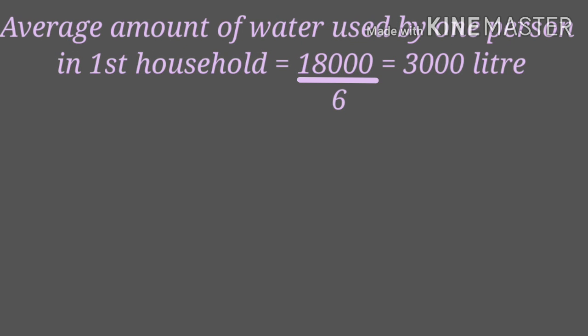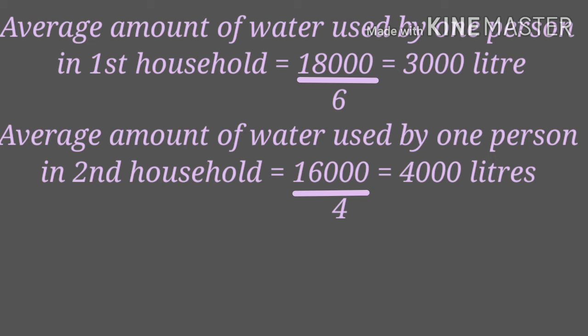Average amount of water used by one person in the first household is equal to 18,000 by 6, that is equal to 3,000 liters. Average amount of water used by one person in the second household is equal to 16,000 by 4, that is equal to 4,000 liters.